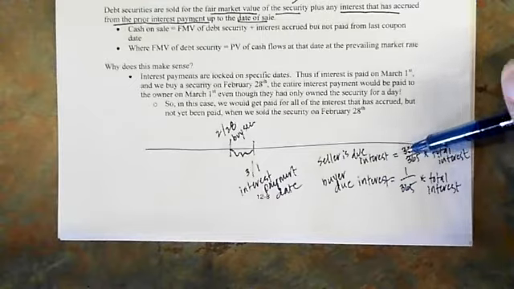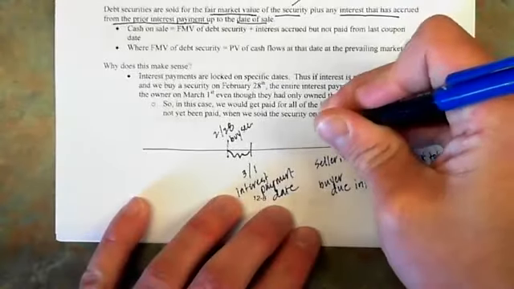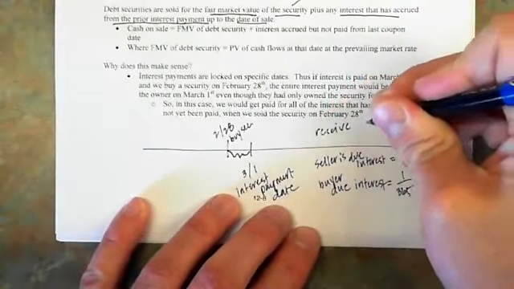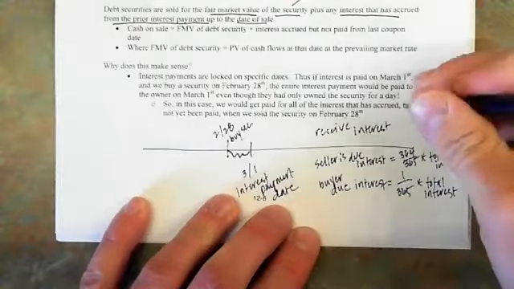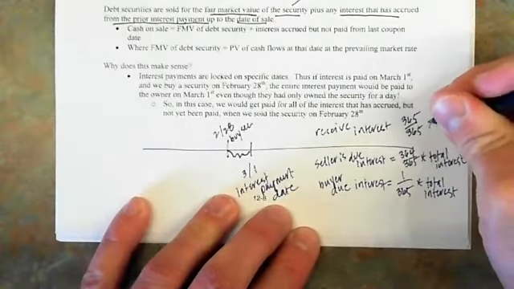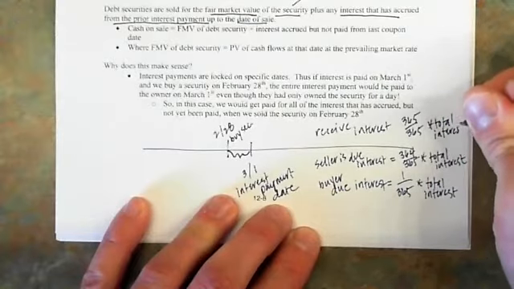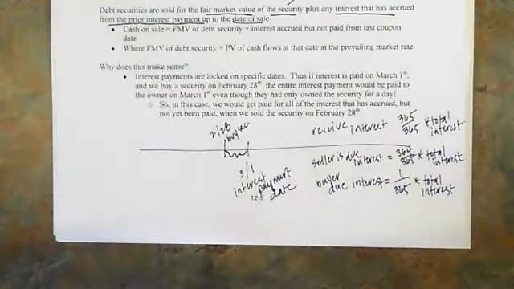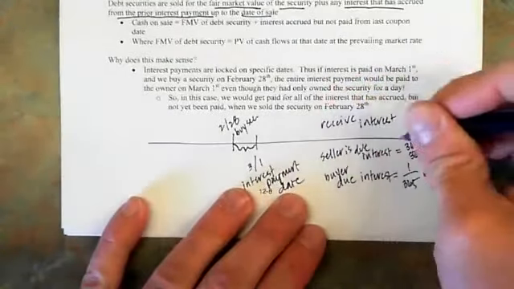So we pay this when we buy the security, then we receive on March 1st all of the interest payment, right? The total interest payment, because again, it happens on a specified date and it all goes to whoever holds the interest on that day. So if you see, we're going to receive this in cash.